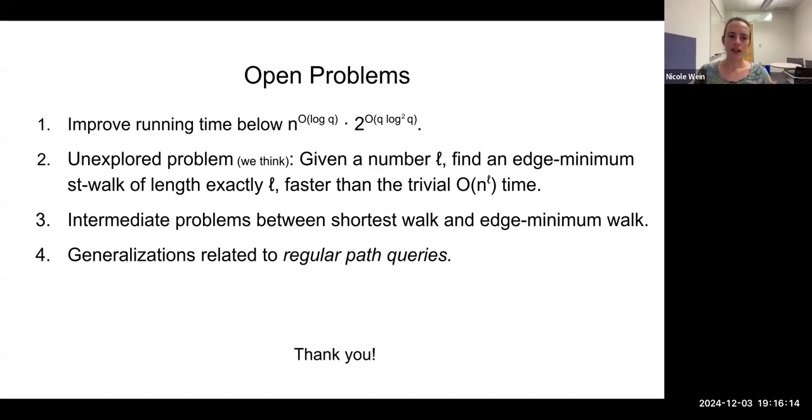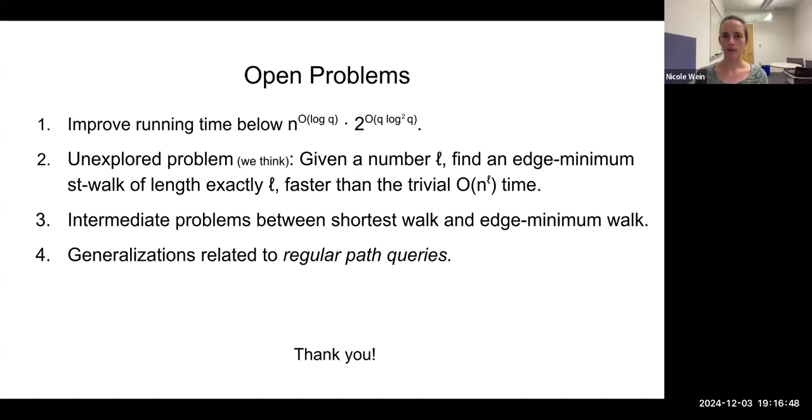In database theory, oftentimes you're looking at a graph where edges are labeled with certain characters and you're interested in paths or walks through the graph that match certain regular expressions, and saying that a path with remainder r has length r mod q is one special case of that type of regular expression problem.